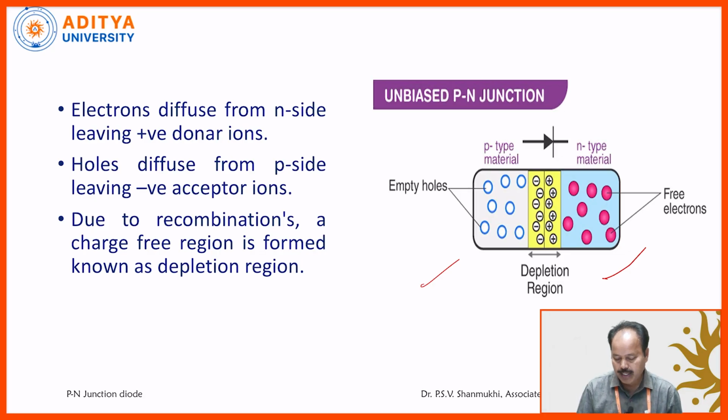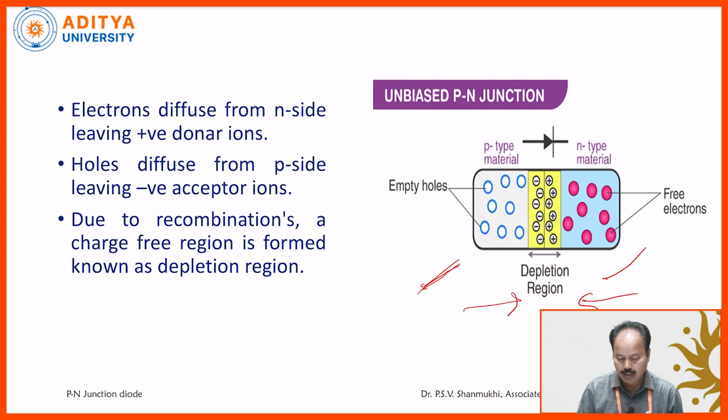Whenever these two are joined together, what happens? From the n side, the electron concentration is more. From the p side, the concentration of holes is more, as holes are the majority carriers. Generally there exists a diffusion of the carriers. Electrons diffuse into the p region from the n side, and holes diffuse into the n region from the p side.